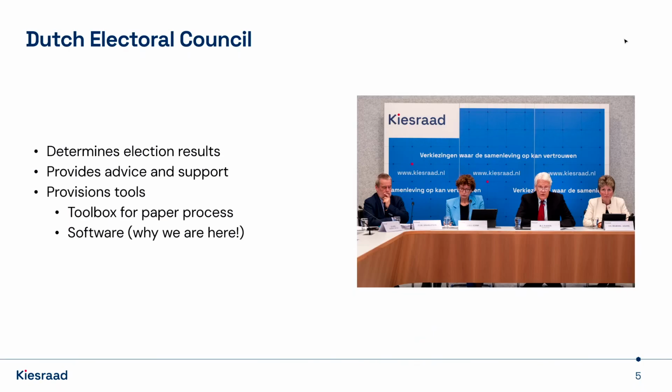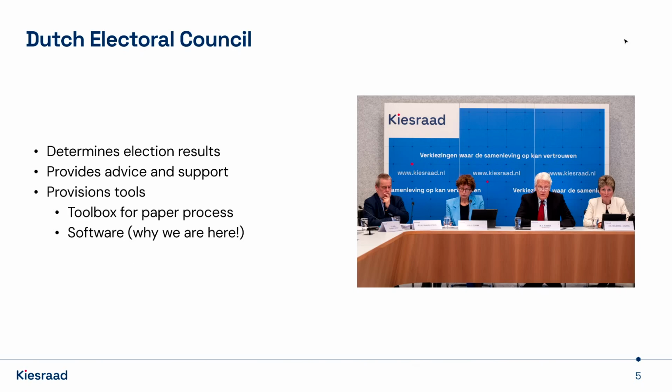The Dutch Electoral Council determines the election results. So it defines the whole process within the limits of the law, and it helps everyone who's involved in this process, all the municipalities, all the local election councils, election committees, and it provides the practical tools for this.